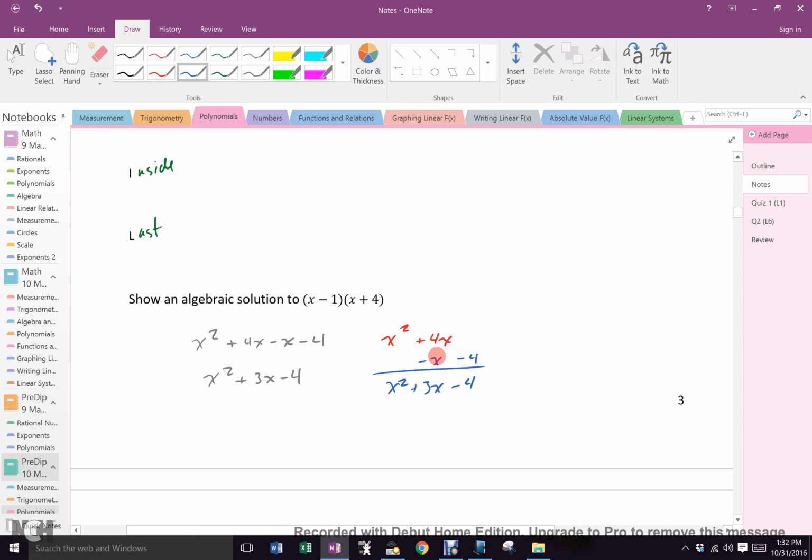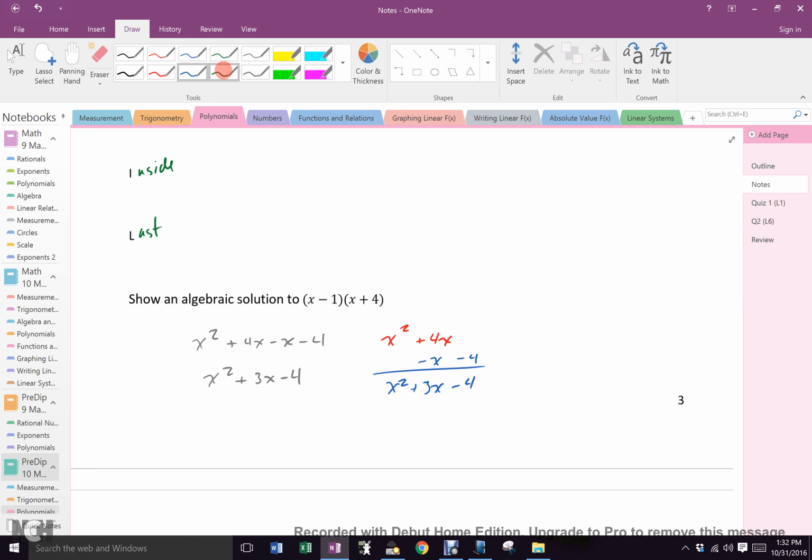I like this way better because eventually you're going to be doing trinomials, right? So it can get very confusing if you try to line it all up horizontally. Everybody cool? I don't care what way you do it. It's your math. You do whatever works for you, okay?